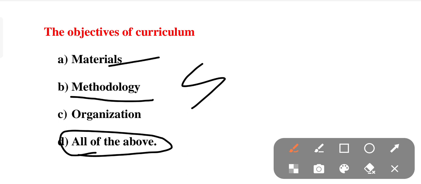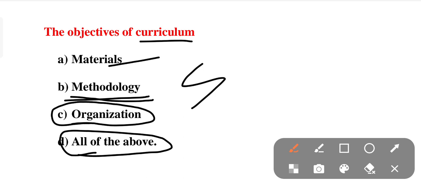So in the same way, the curriculum is based on the methodology, means a series of concepts, and then organization means it is particularly arranged in a sequential manner. Okay, on the basic, understandable, easy to understand.